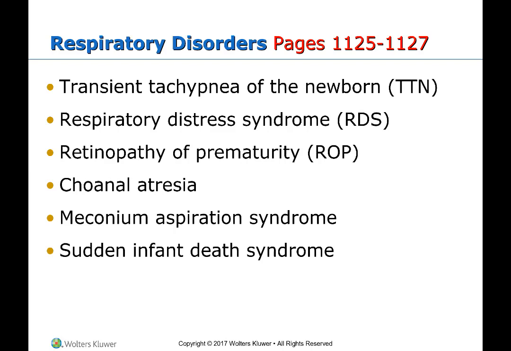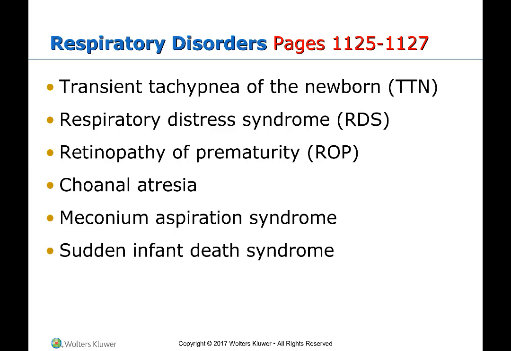So the problem with this transient tachypnea is that when it starts out, it is really similar to the one below it, respiratory distress syndrome, that we know is bad. So how do we tell the difference? What do we do about that?